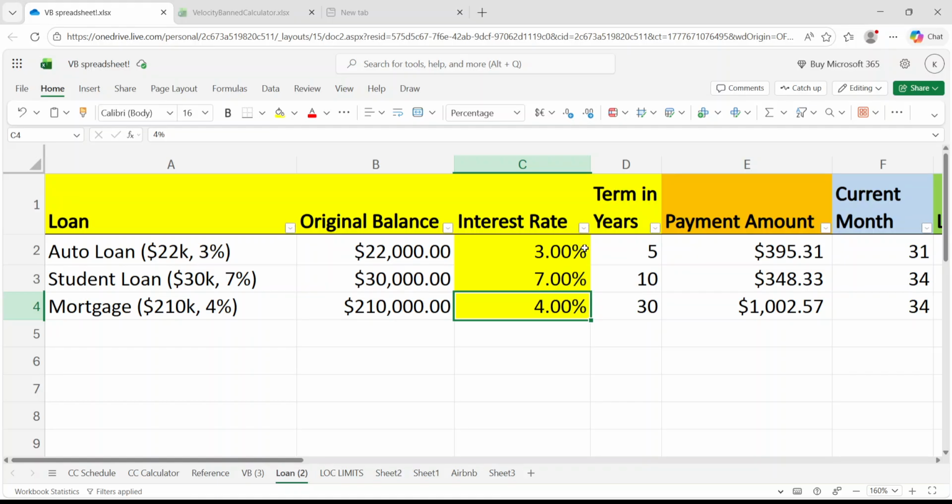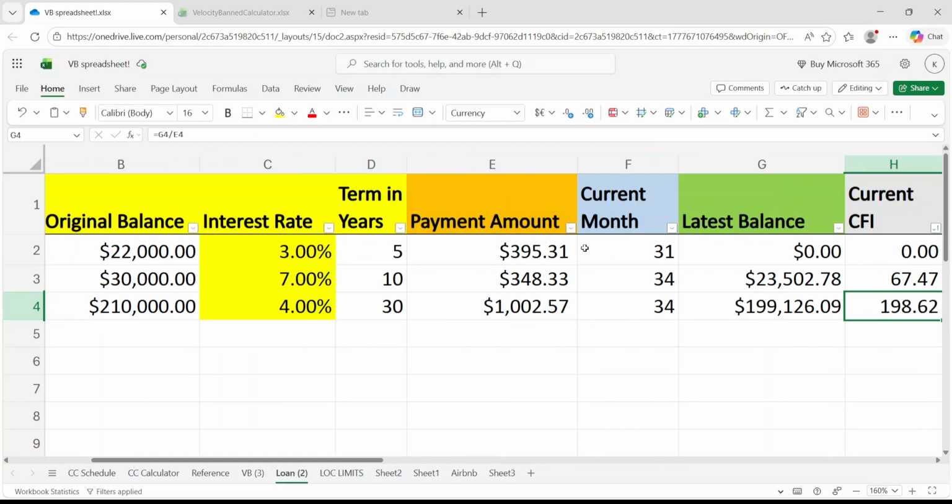So if you have a loan, right? If you have a loan and the interest rate is very, very low, let's say 2.875%, 3%, and you decide, I'm going to move the whole thing into a line of credit, okay?